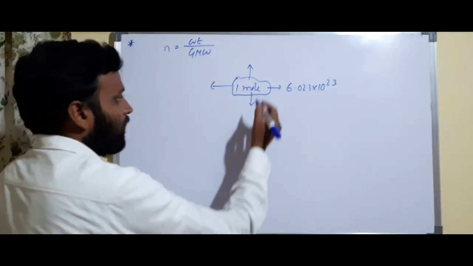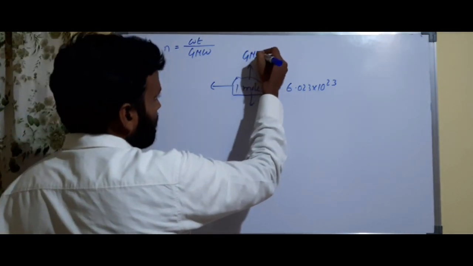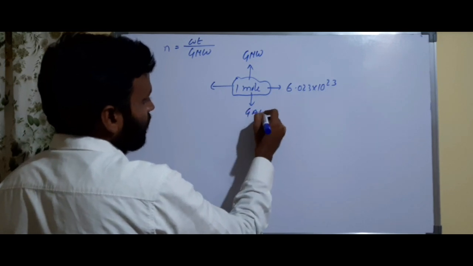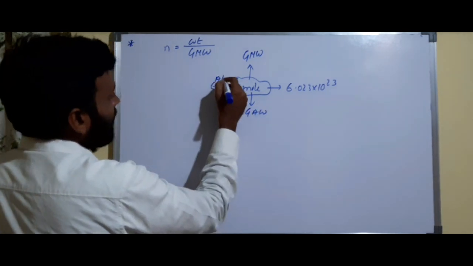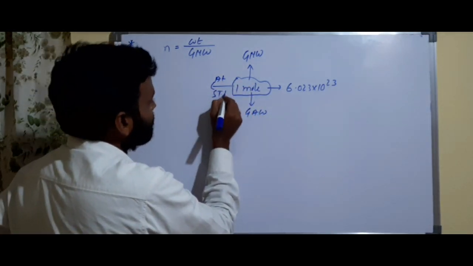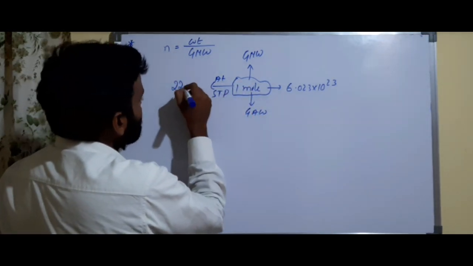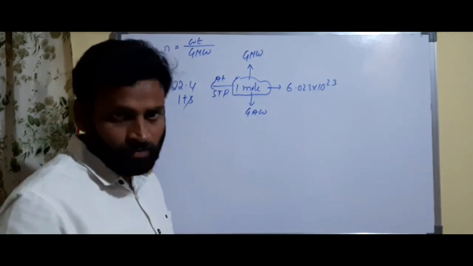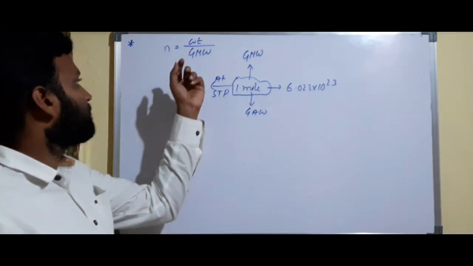One mole means gram molecular weight, one mole means gram atomic weight. One mole of any gas at STP occupies 22.4 liters. I explained these things previously.